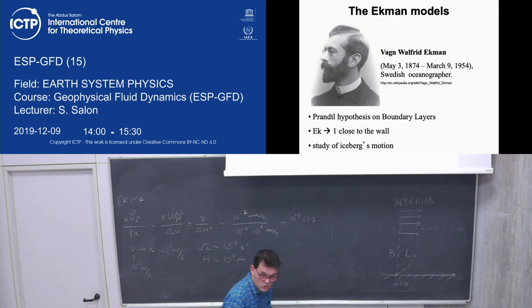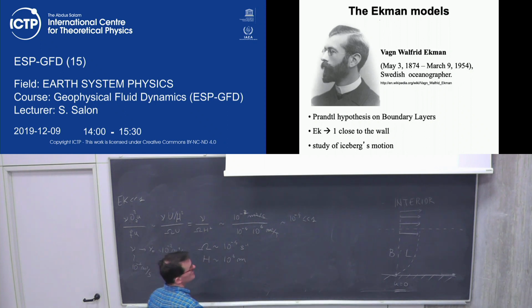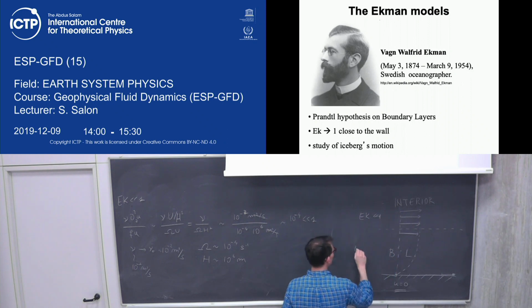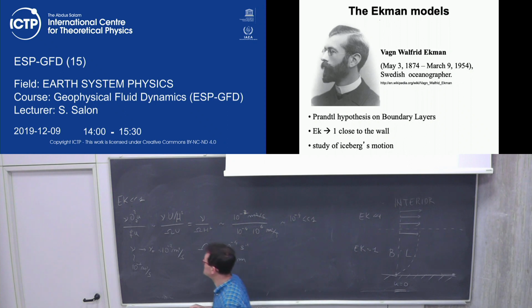But of course, this is a very, very strong approximation, because close to the boundary, we should have velocity equal to 0. So Ekman number here is much smaller than 1. When we are close to the boundary, Ekman number starts to be order 1.